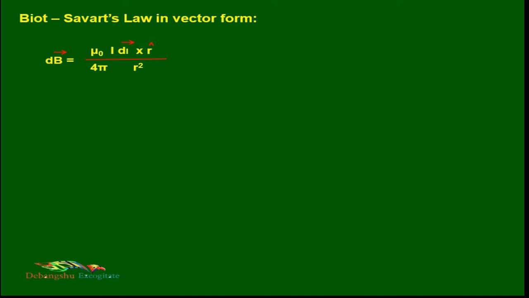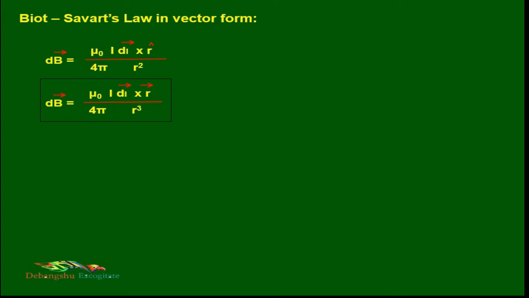Biot-Savart's law in vector form. The Biot-Savart law can be written in vector form also, because dB is a vector quantity. So it will be mu naught by 4 pi, I dl vector cross r cap, divided by r square. I dl is known as the current element, as I already told you. Now r cap is the unit vector along r, so this can also be written as vector r by its modulus.